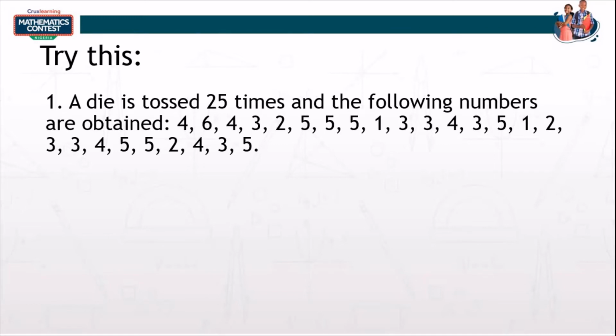So these are the numbers obtained. Hope they are 25. Let's see: 1, 2, 3, 4, 5, 6, 7, 8, 9, 10, 11, 12, 13, 14, 15, 16, 17, 18, 19, 20, 21, 22, 23, 24, 25. Good.